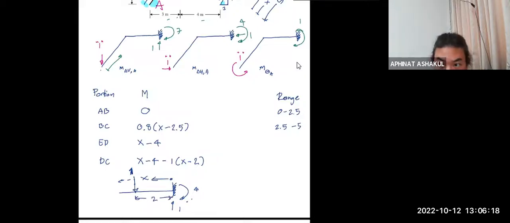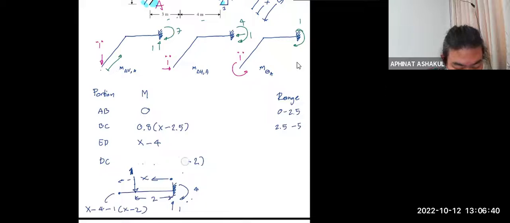Okay, so we can wrap this up. Then this moment here is x minus 4 minus 1 multiplied by x minus 2. We can arrange this a little bit because x will be gone, and this turns out to be just a constant equal to minus 2.